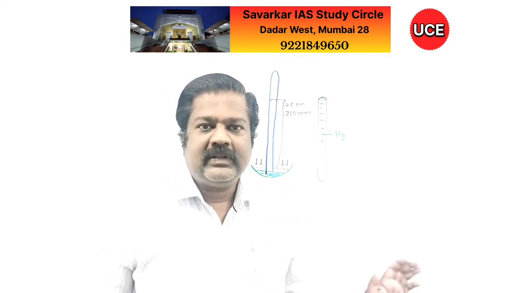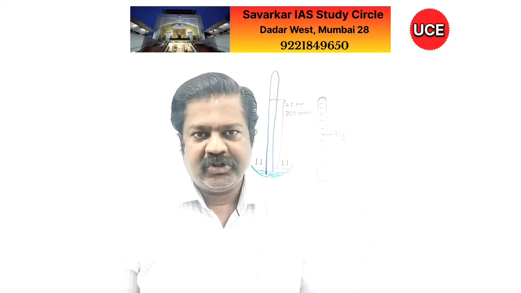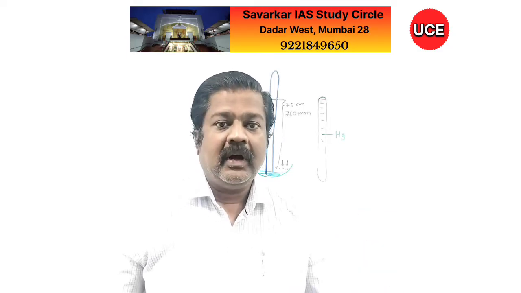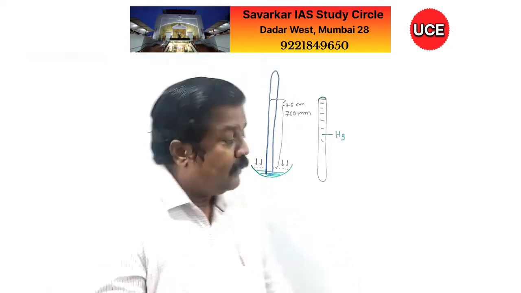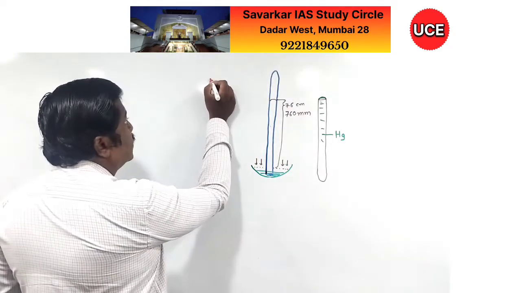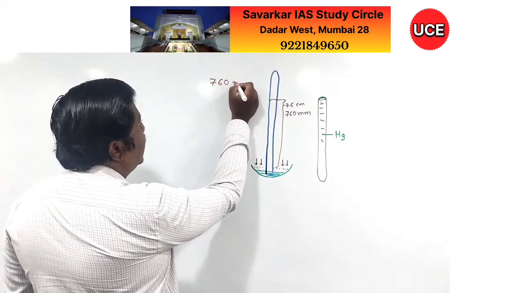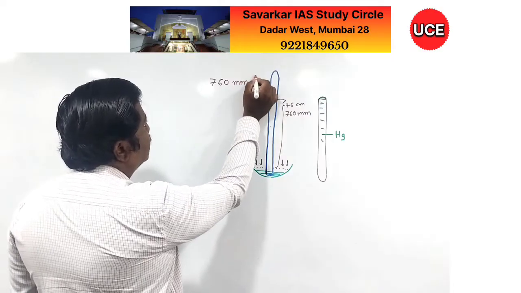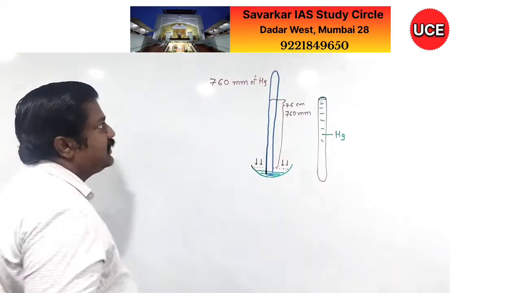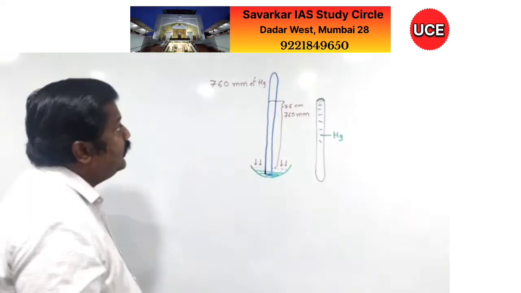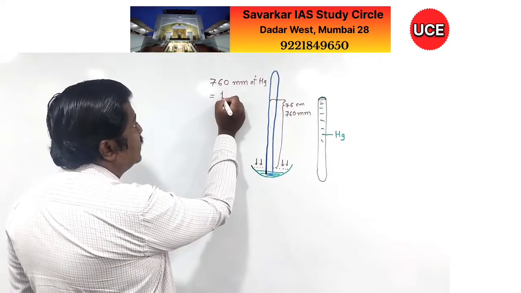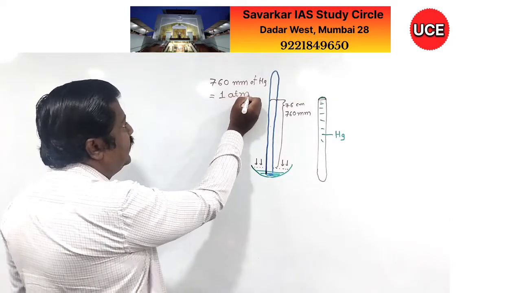So, this way we can measure pressure in terms of millimeter of mercury. So, we are considering 760 mm of mercury. Pressure is written this way, 760 mm of mercury, that is considered as 1 atmospheric pressure.